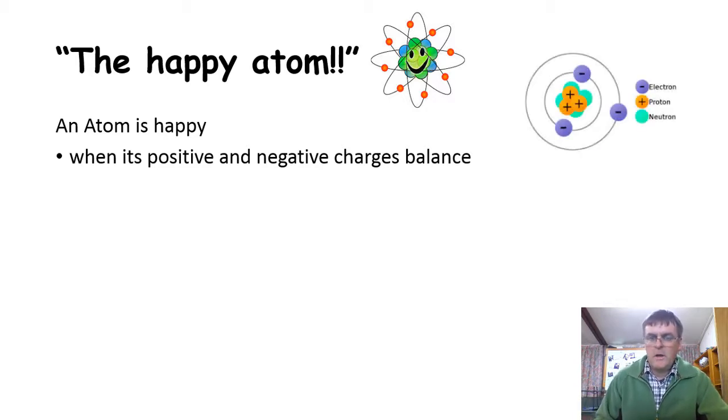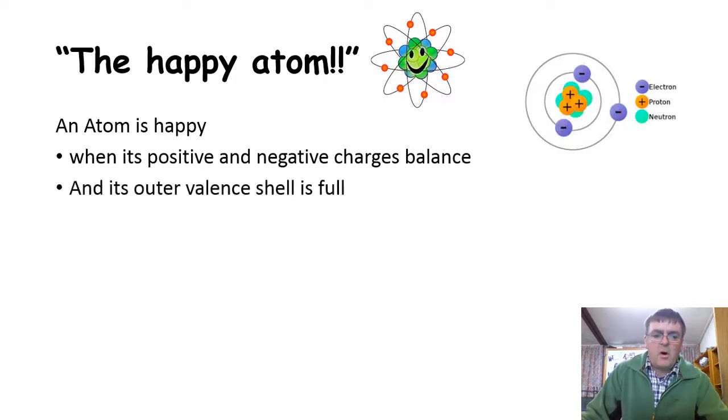So here in the nucleus we've got 3 positive charges and we've got 1, 2, 3 negatives outside, so that's 3 plus equals 3 minus. So the charge is balanced, it's happy, and its outside valence shell is full.